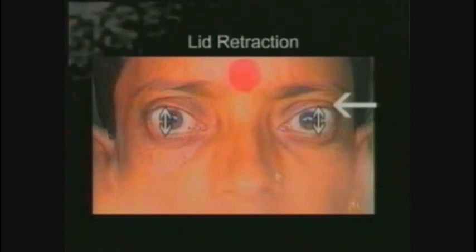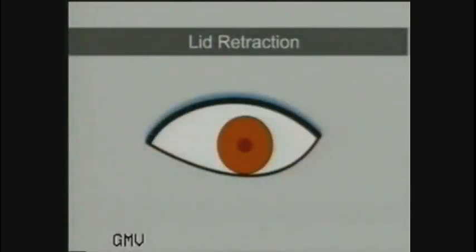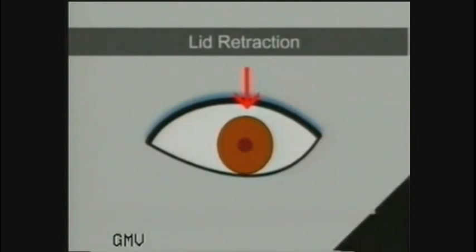The earliest eye sign to appear is the lid retraction with resultant widening of the palpebral fissure, also termed as Dalrymple sign. Note here the lid retraction which is more prominent in the left eye. The upper lid is retracted due to tonic contraction of the involuntary part of the levator palpebrae superioris, thereby exposing a strip of white sclera above the superior limbus.